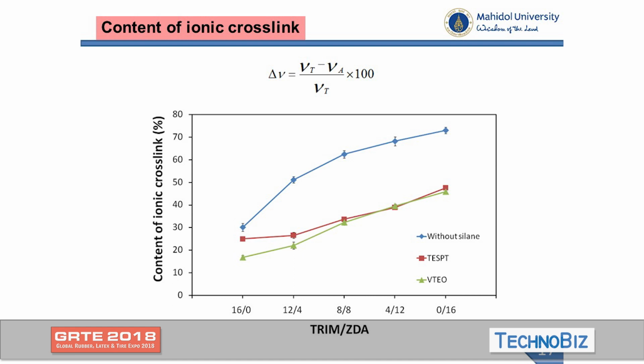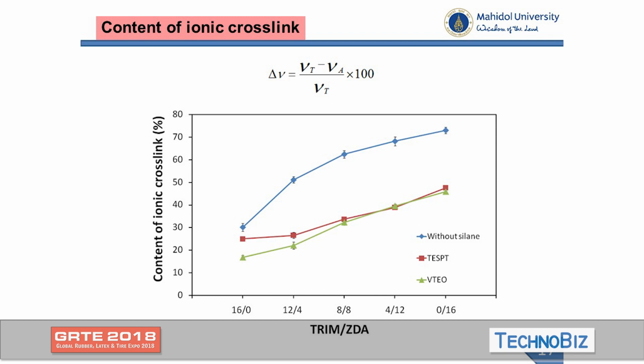And by a comparison of the ionic cross-link content, it can be seen that with the use of the silane coupling agent, both TESPT and VTEO, the content of ionic cross-link seems to be decreased. But it doesn't mean that the CDA is less effective in the system with silane coupling agent.